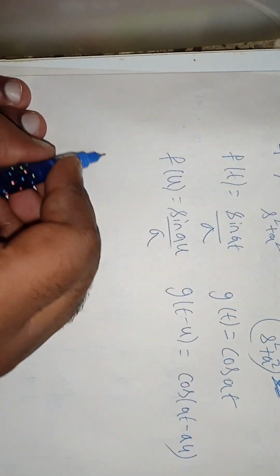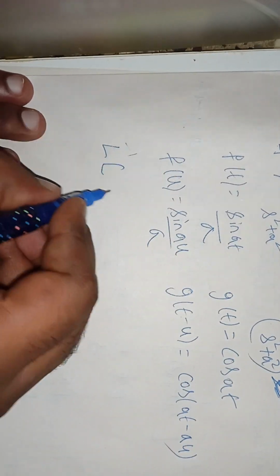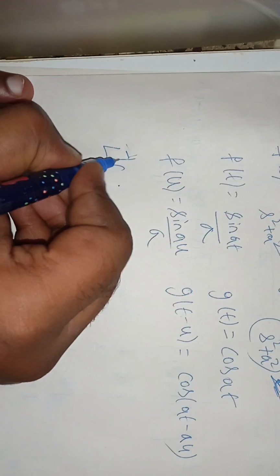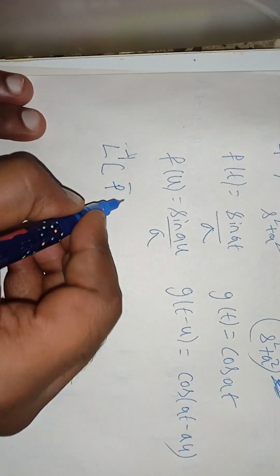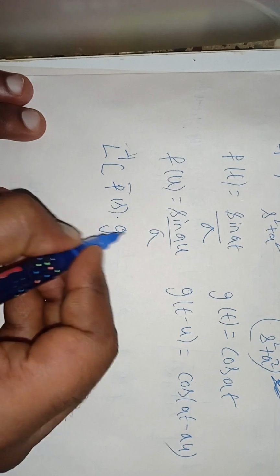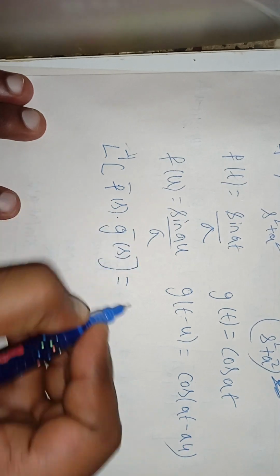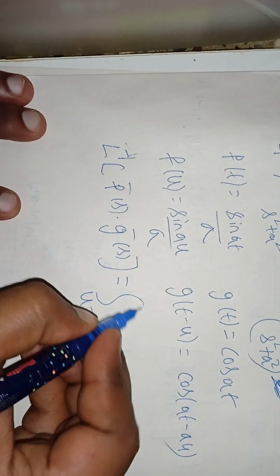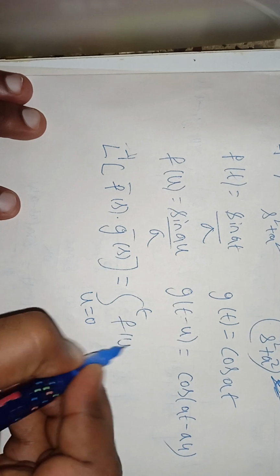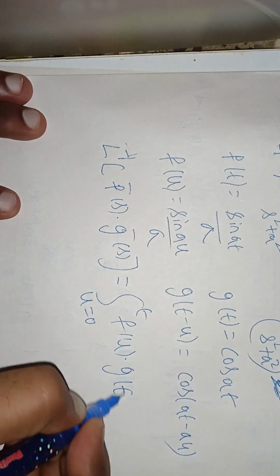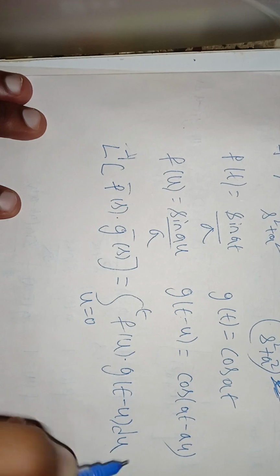So you know the convolution theorem gives you L inverse of f bar of s into g bar of s is the integral, u varies from 0 to t, f of u into g of t minus u du.